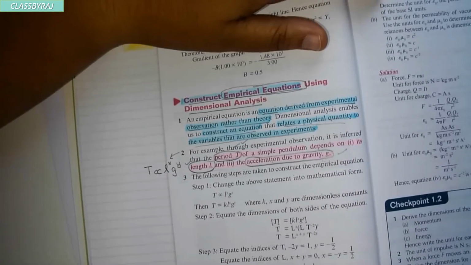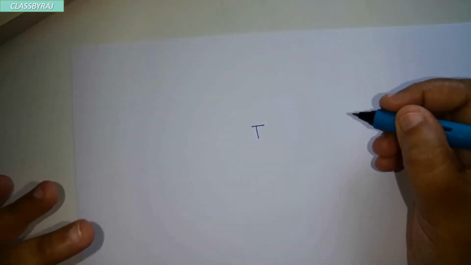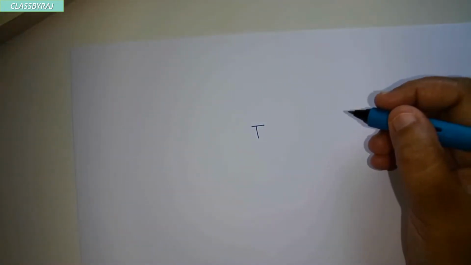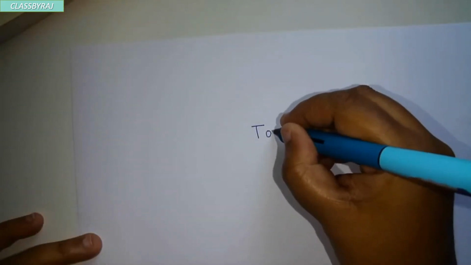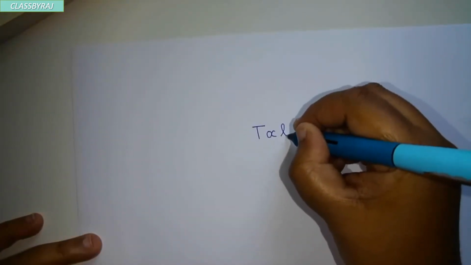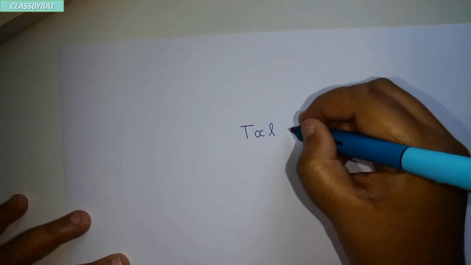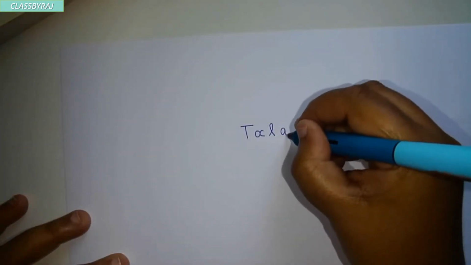Okay, so I'm going to explain it on this paper here. We know that the period T of a simple pendulum depends on its length and the acceleration due to gravity, which is g.